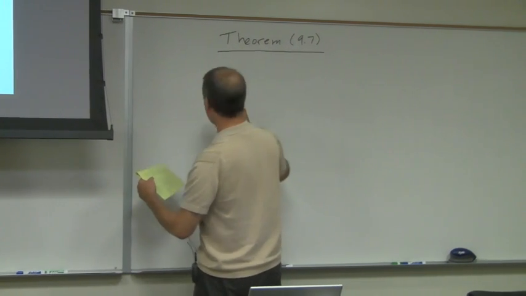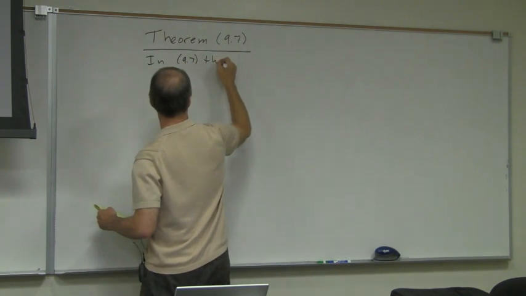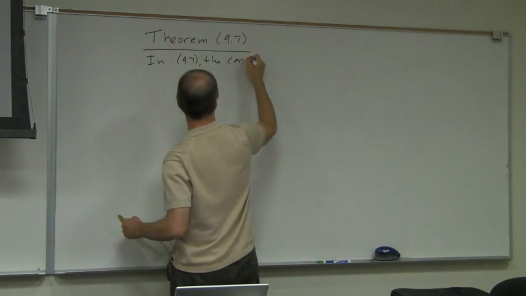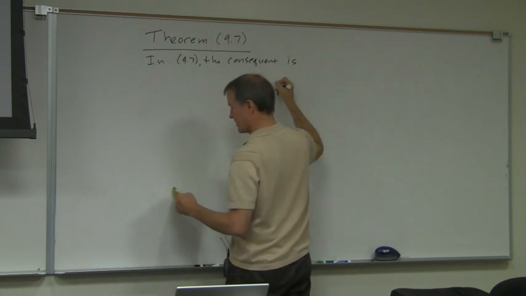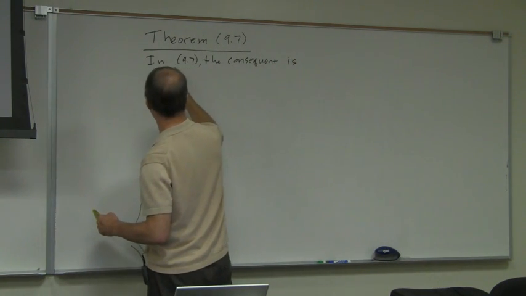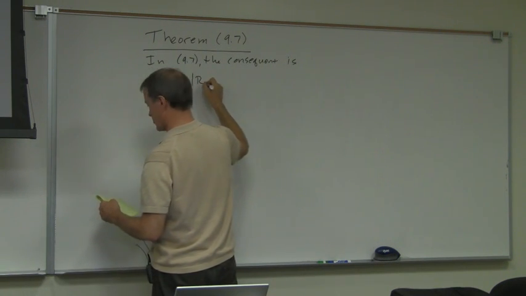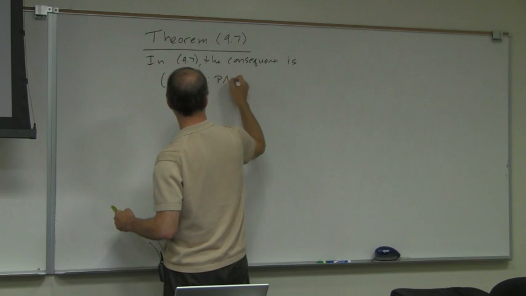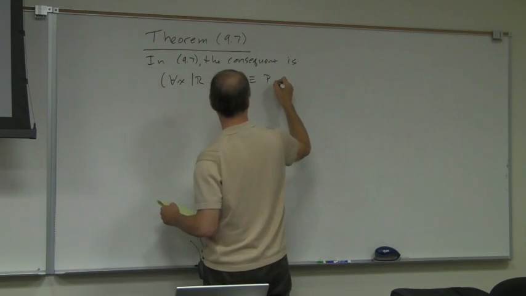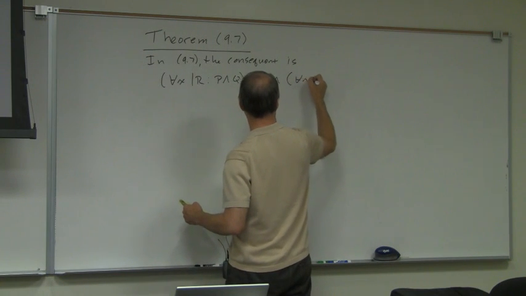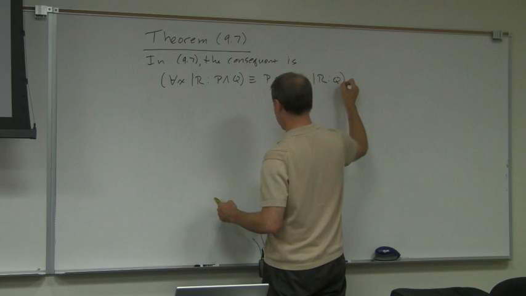So in 9.7, the consequent is the following: for all x, range R, body P and Q, equivalent to P and for all x, range R, body Q.